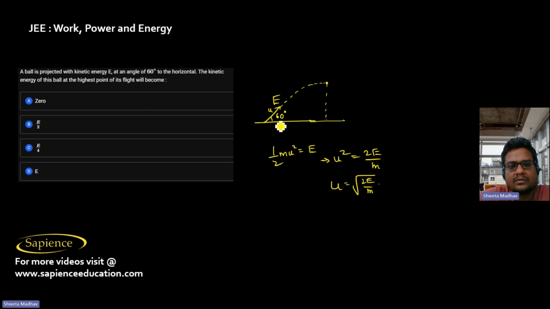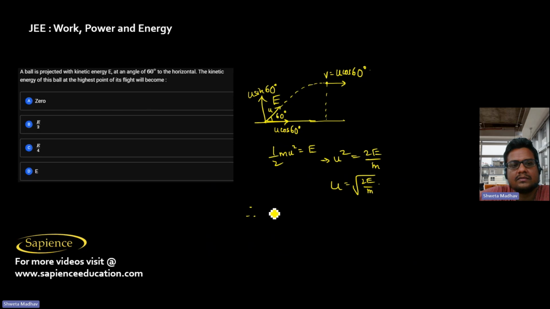Now u cos theta will remain constant, u cos 60. This is the horizontal component and the vertical component is u sin 60. At the highest point, the velocity it will have is only u cos 60, since the vertical component of the velocity will be 0 at the highest point.